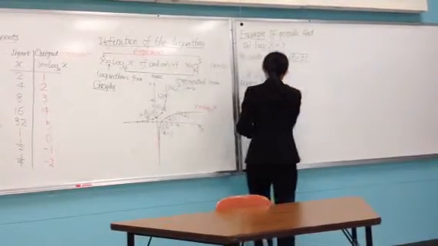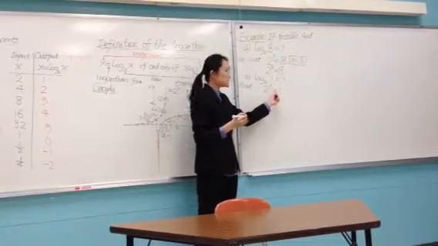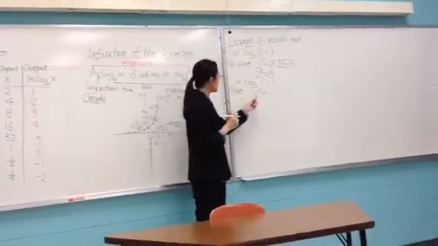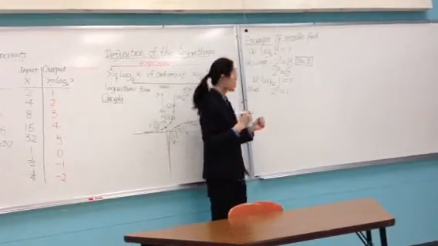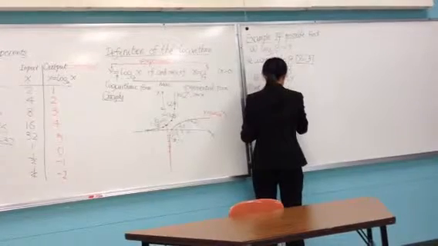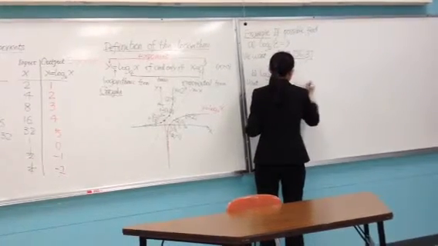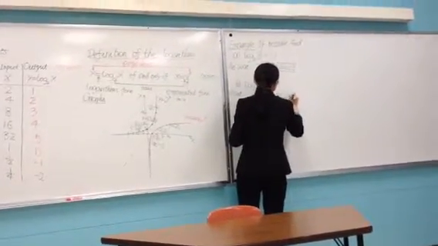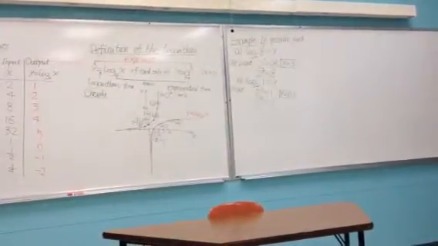Okay, very good. Now let's think about it. 2 to which power is 1? As we can see, anything to the 0th power is 1. Okay, let's go back and look at this table.